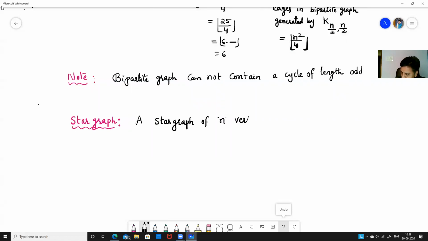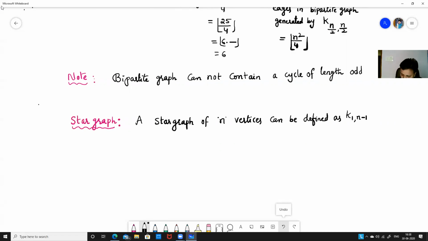A star graph of n vertices can be defined as K1,n-1. It means it is a complete bipartite graph. One set contains only one vertex and the remaining set contains n minus 1 vertices.